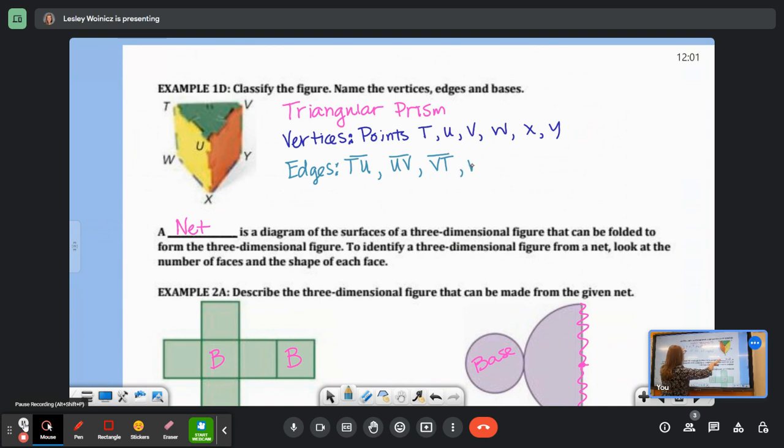WX, XY, YW, and now we'll do the vertical edges. So TW, UX, and VY.